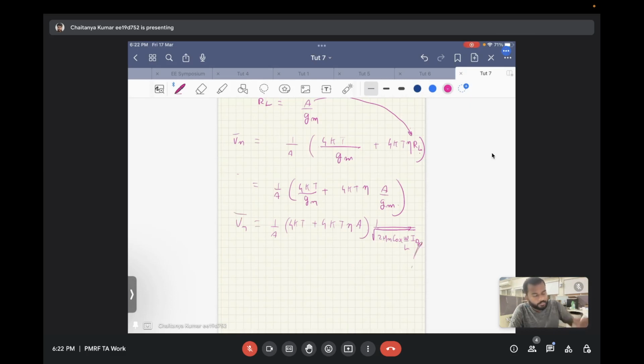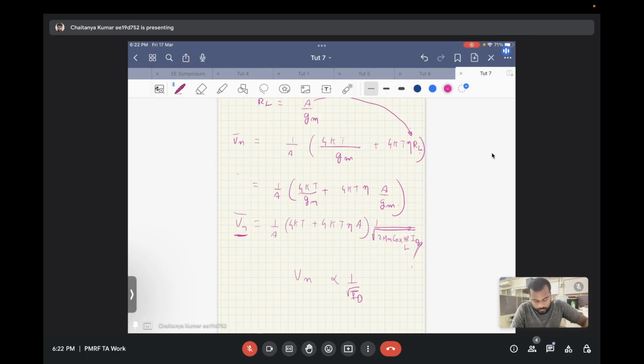if I try to increase the value of the current, that means I am trying to increase the power. Basically, my noise will keep on reducing, as Vn is proportional to 1 by square root of ID. Correct. So here we can see that the power and noise are inversely proportional to each other.